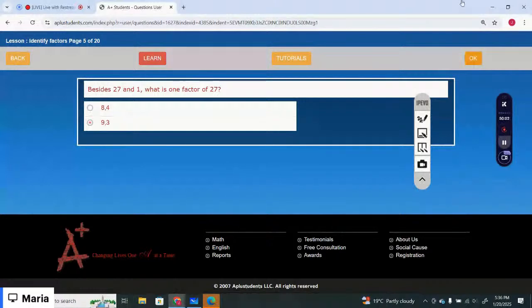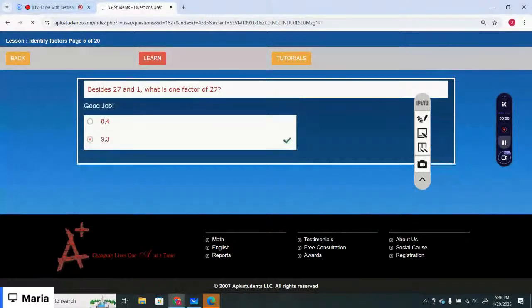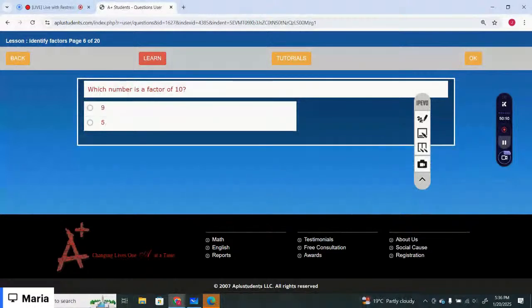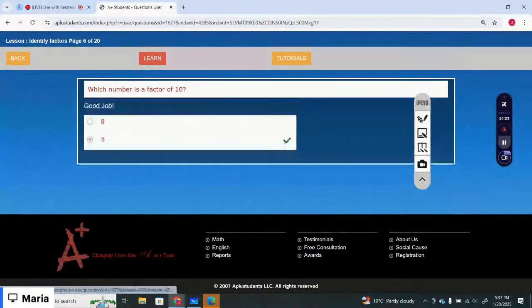That is 9 and 3. Option number 2 is the correct option. That is 5. Option number 2 is the correct option.